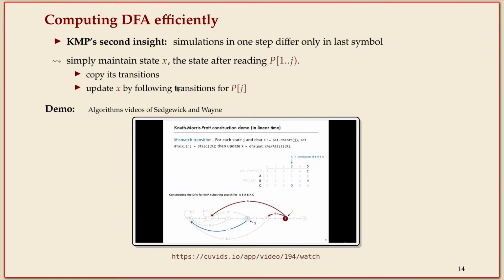The key part here is you can maintain this state X where you would have been if you read the pattern that you're building the automaton for with the first character omitted, and that automatically takes you to the position just before where you should go. So this position X, state X, is not what you put in the delta function, but from there you take one more transition, and the result there is what goes into the transition function.